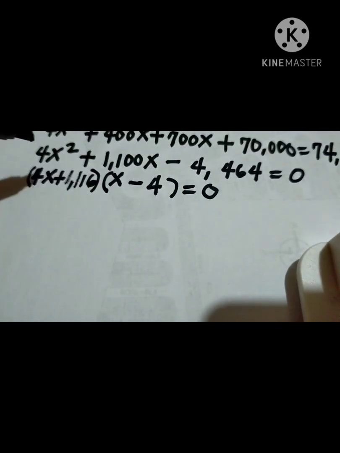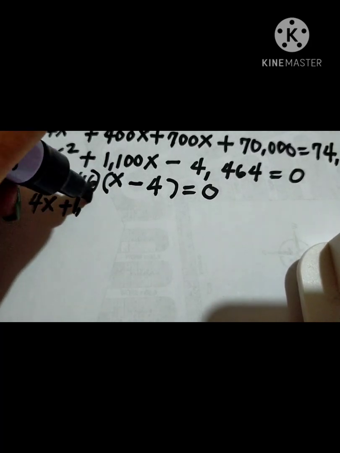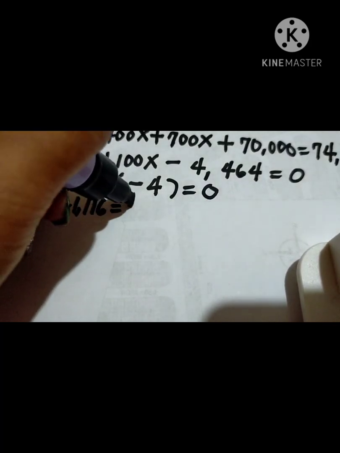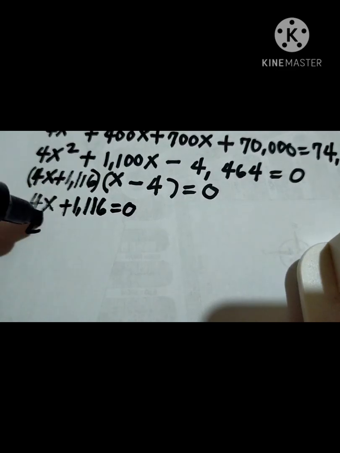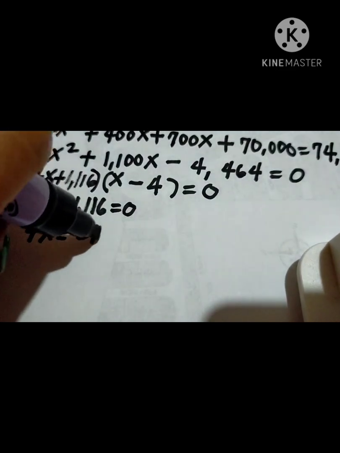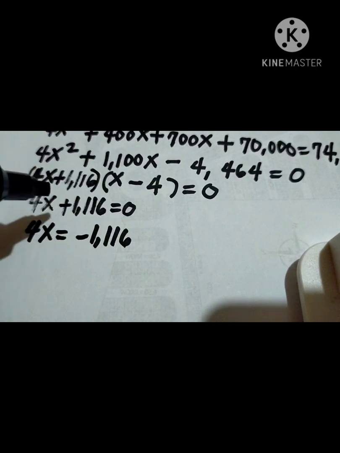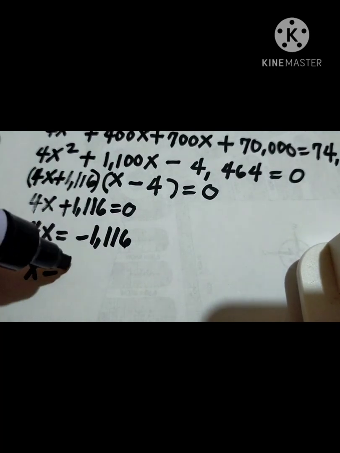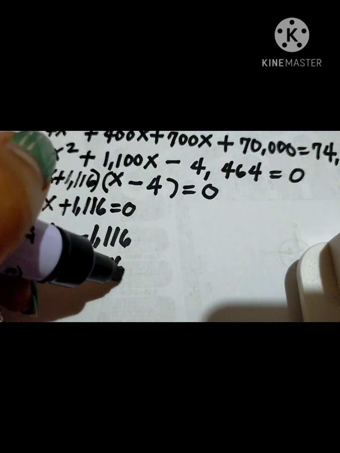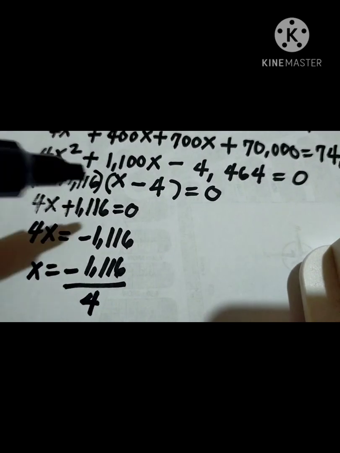So solving, we have 4x plus 1,116 equals 0, so 4x is equal to negative 1,116, and x is negative 1,116 divided by 4, which is negative 279.